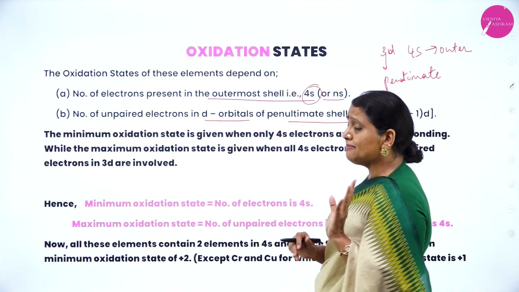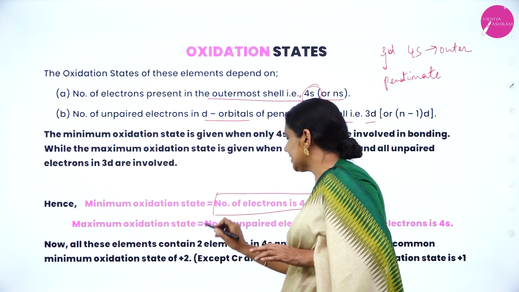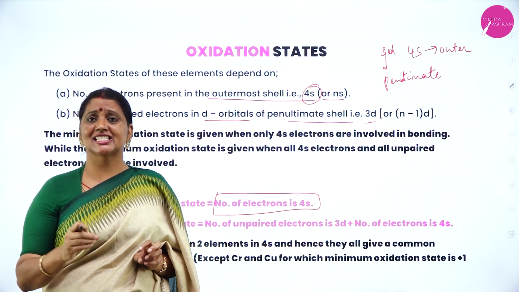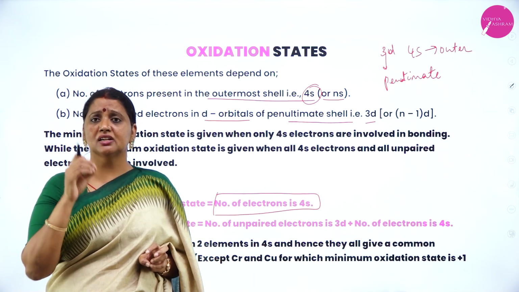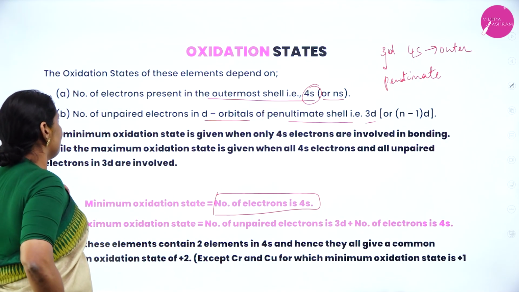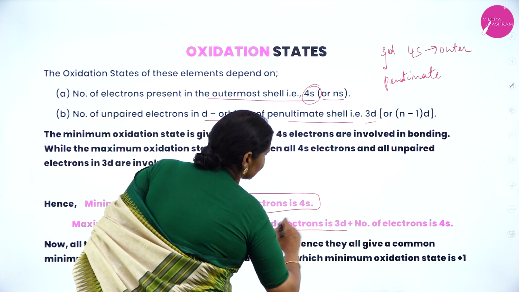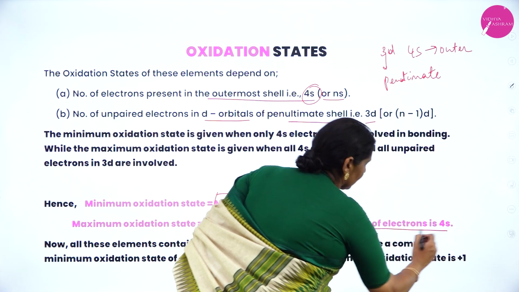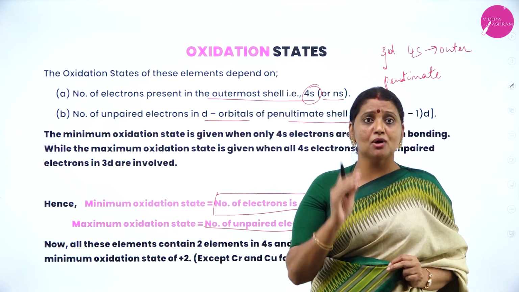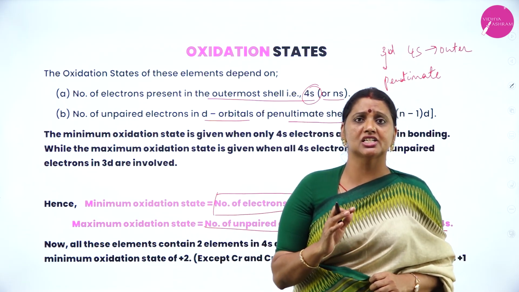Minimum oxidation state is the number of electrons present in the 4s orbital. Maximum oxidation state is the number of unpaired electrons present in 3d as well as the number of electrons present in 4s. This is how you find the minimum and maximum oxidation states.